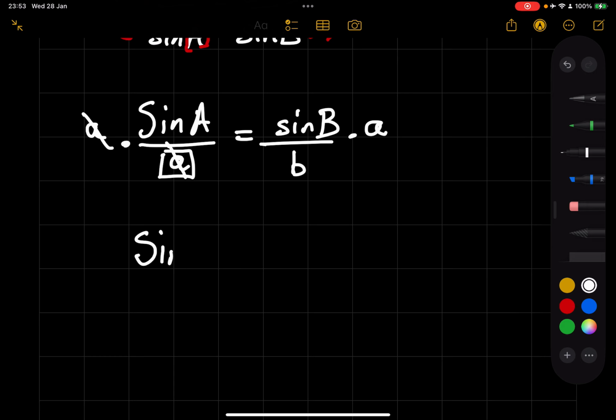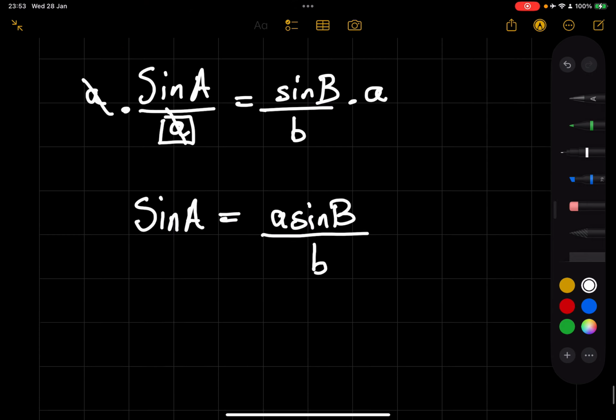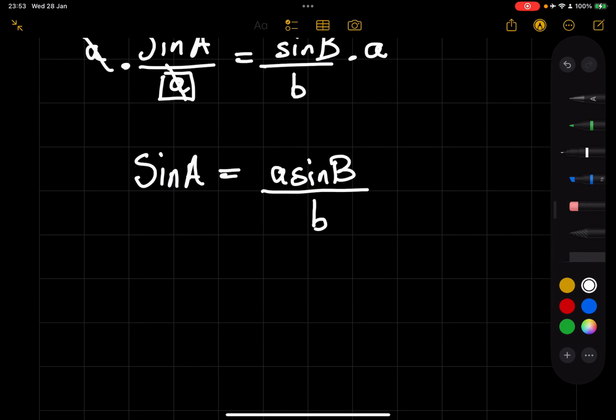This side will have sine A is equal to sine B times A, which is going to be A sine B, or you can say sine B times A is still fine, all over B. Then remember, to cancel the sine, we introduce its inverse on both sides.